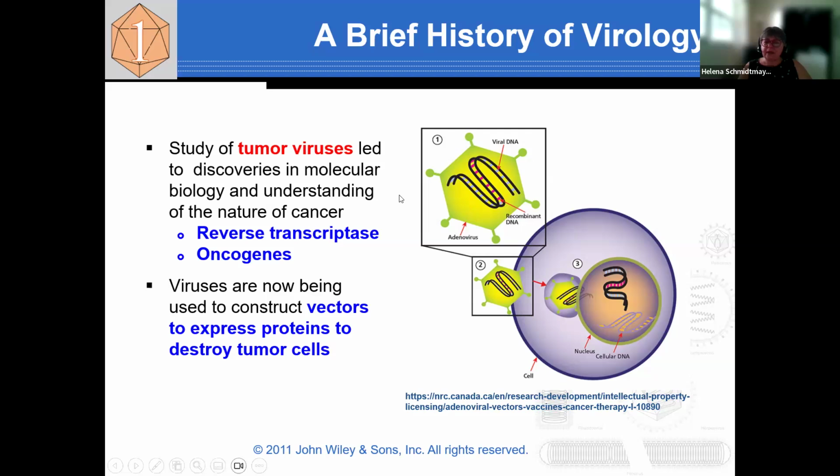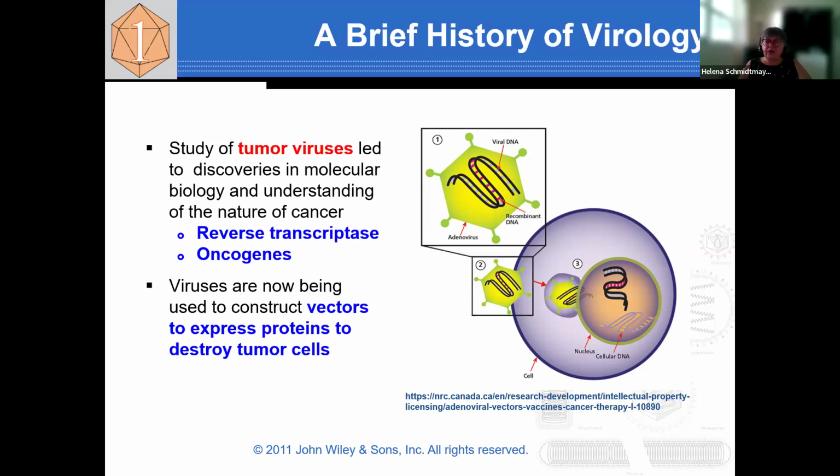And when I talk about pick up and integrate, the study of viruses also led to the discovery of reverse transcriptase. We know that in humans, DNA can be replicated to DNA, RNA is synthesized from DNA, and proteins are synthesized based on RNA.